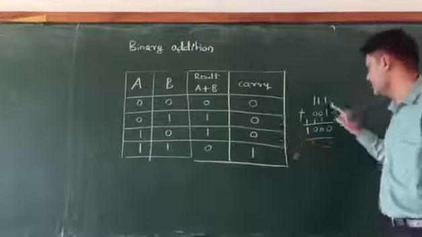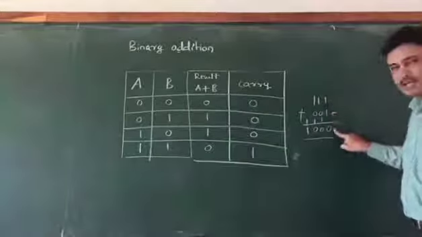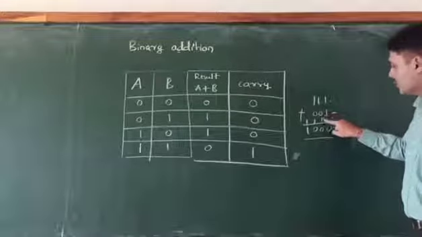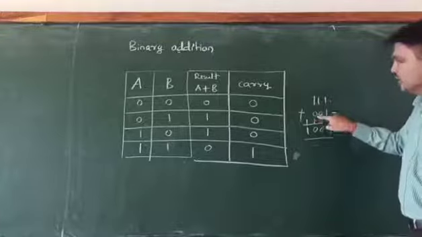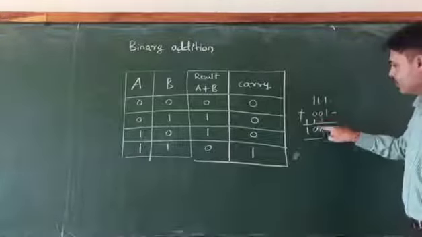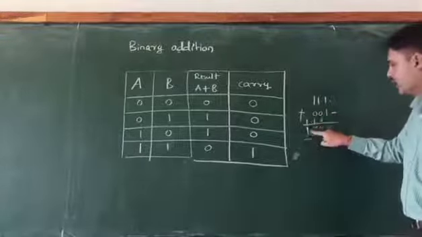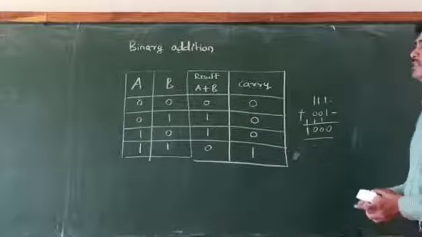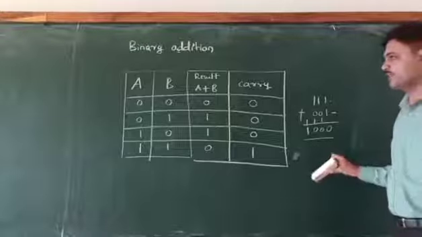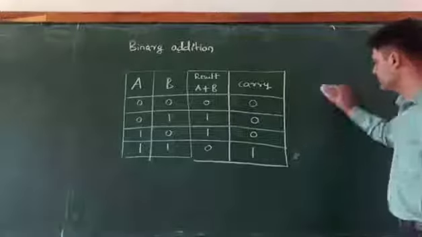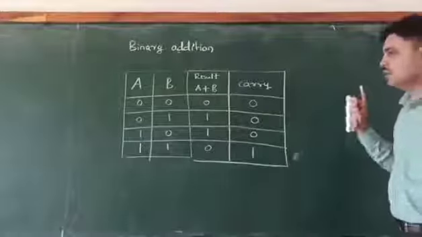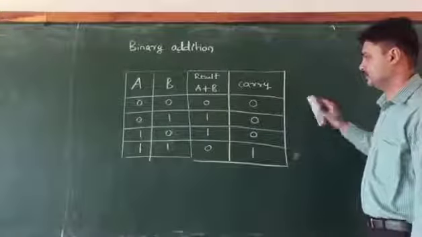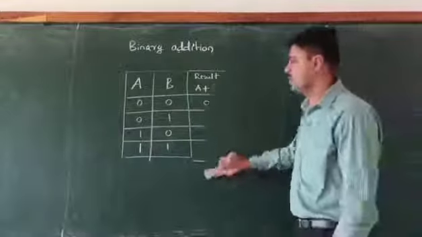See here, 1 plus 1, result is 0, carry 1. 1 plus 0 is 1, 1 plus 1 is 0, carry 1. 1 plus 0 is 1, 1 plus 1 is 0, carry 1. Put the carry here: 1 0 0 0, it is the final answer. These are the rules for binary addition. Here, carry will come only when 1 plus 1 is there. Okay? Next, binary subtraction.